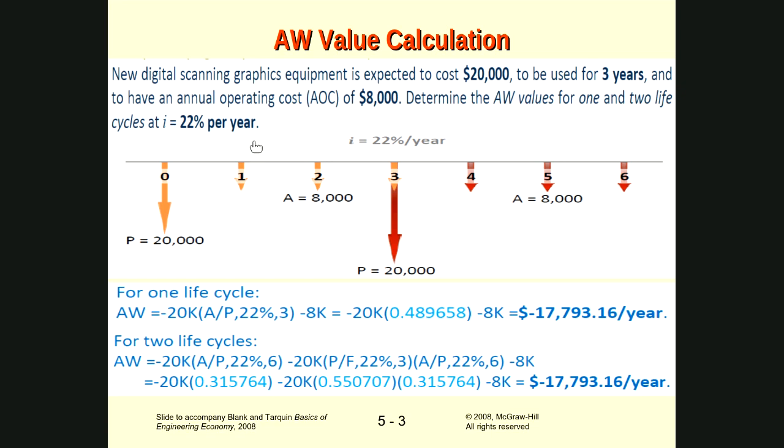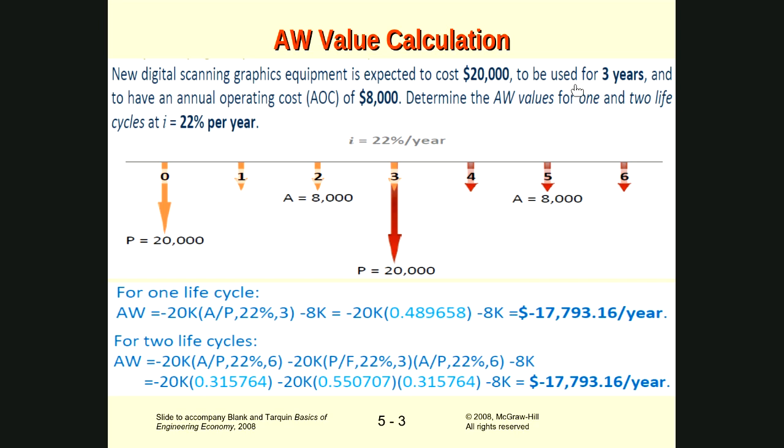The given cycle was 3 years in the question, and when it says expected to cost, that means it's the initial cost or the first cost that comes at time 0, which is the 20,000. And then the annual operating cost, which is the 8,000, is going to last for 3 years. There is no salvage in this question as we used to have. This is just because the example was including a salvage.